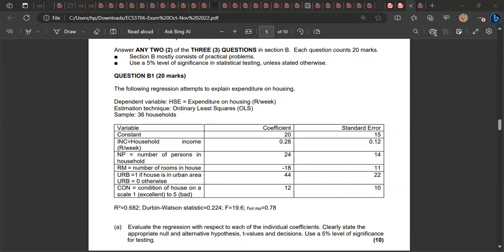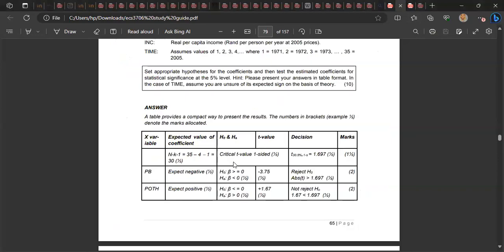Before I go back to the spreadsheet, now that we have that, one more thing that we need to calculate is our critical value. Our critical value is more like our pass mark. It's going to help us in making this decision here.